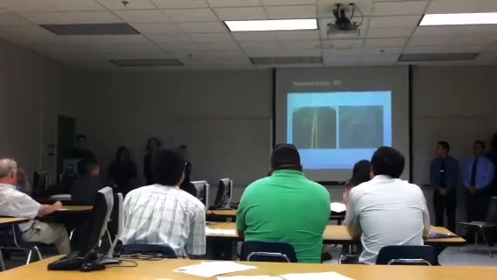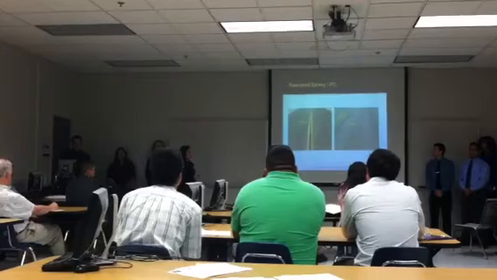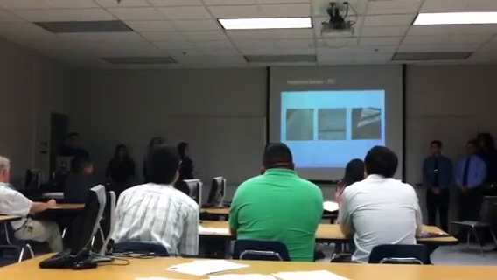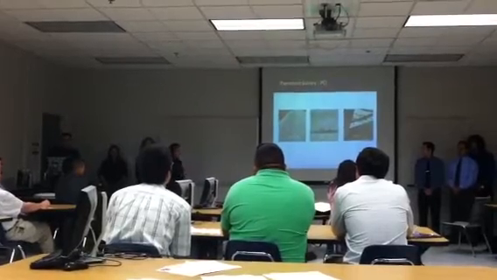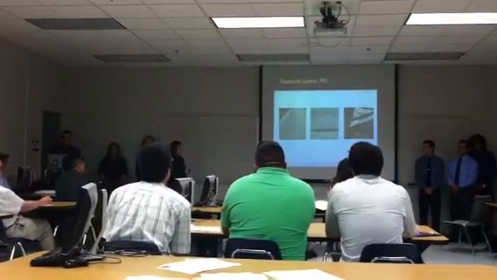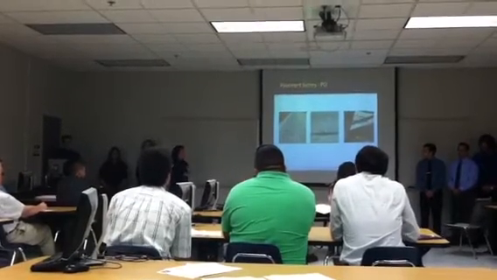And here's how a PCI of 5 would look: a smooth ride, no cracks. Then the forms for PCI of 4, PCI of 3, 2, and 1. 1 being a failed road, a road in very deteriorating condition, a very bumpy ride, and noise.